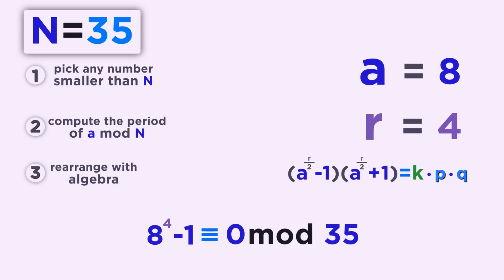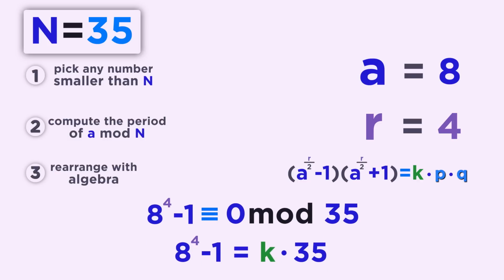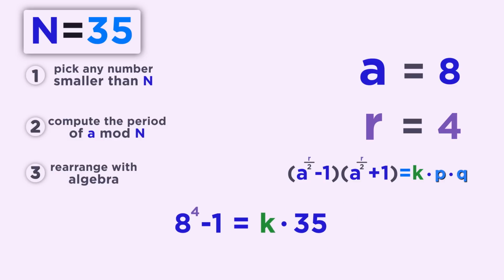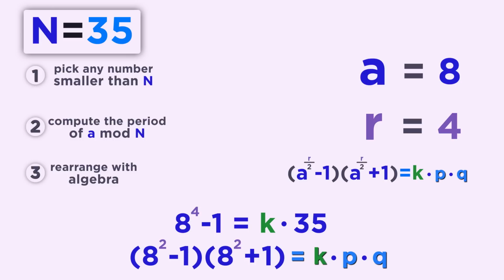We could rewrite this as 8 to the 4th minus 1 equals k times 35 for some integer k. Again, we could solve for k in this case, but it's irrelevant, so I'll leave it as a variable. Rewrite this as 8 squared minus 1 times 8 squared plus 1 equals k times p times q, where p and q are the prime factors of 35 that we're searching for.